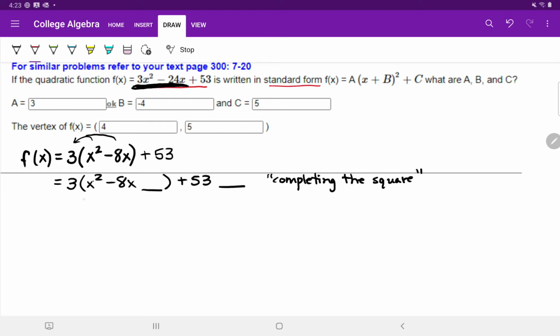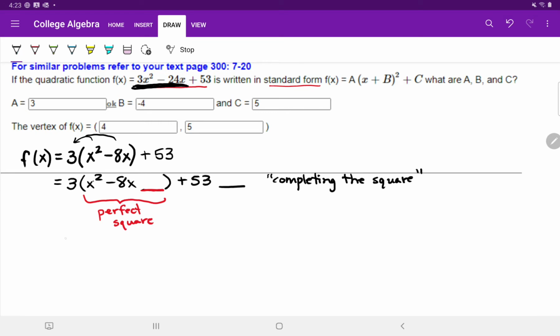We want the inside of parentheses piece to be a perfect square. So we're going to try to put something in this blank that makes what's in parentheses a perfect square.